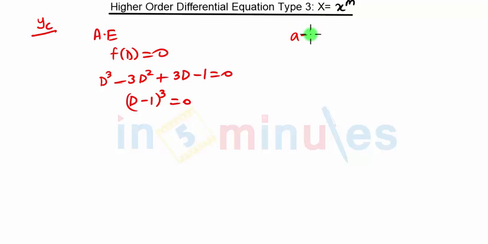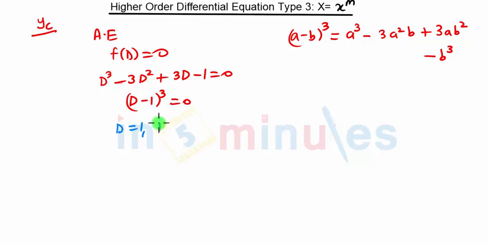What is a minus b the whole cube? It is nothing but a cube minus 3a square b plus 3ab square minus b cube. If you expand d minus 1 the whole cube using this formula, you will get this equation. So we have d equal to 1, d equal to 1, d equal to 1. That is, the roots are real and repeated thrice.